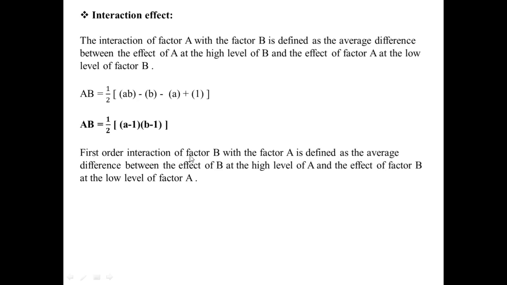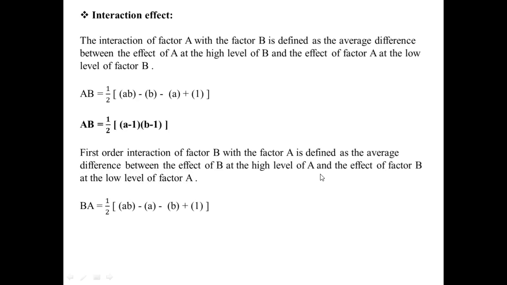Now the first order interaction effect of factor B with factor A is defined as the average difference between the effect of factor B at the high level of factor A and the effect of factor B at the low level of factor A. So suppose we want to find the interaction effect of factor B with factor A. Then this is the average difference between the simple effects of B, the effect of B at the high level of A and the effect of factor B at the low level of factor A. In equations, we denote these effects by equation 3 and equation 4.